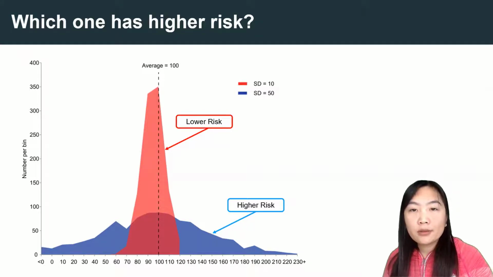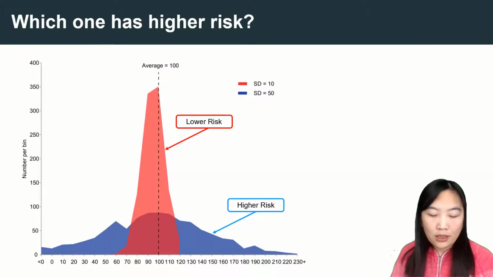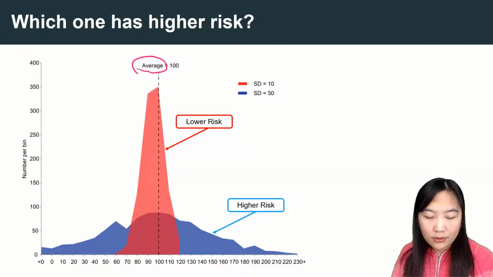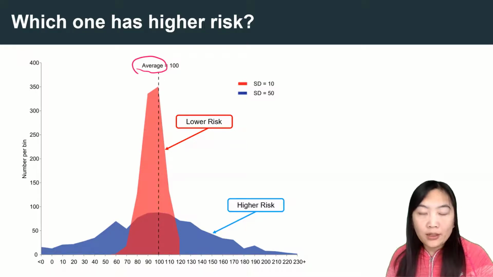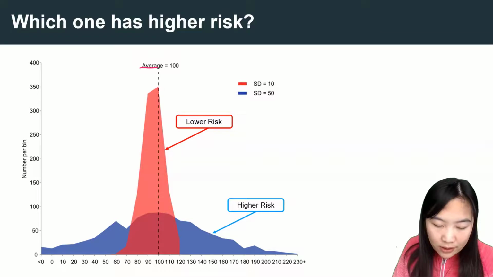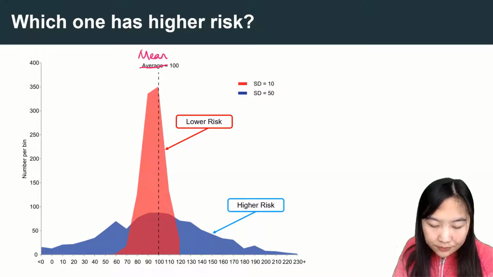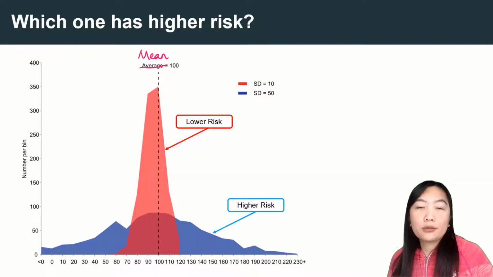Both distributions have the same mean, or here it's called average, which is not precise, so I would rather call it mean. Both distributions have mean equal to 100, which means that the central tendency is the same.